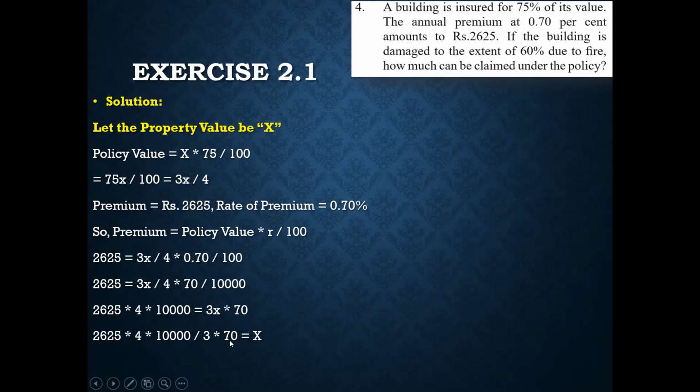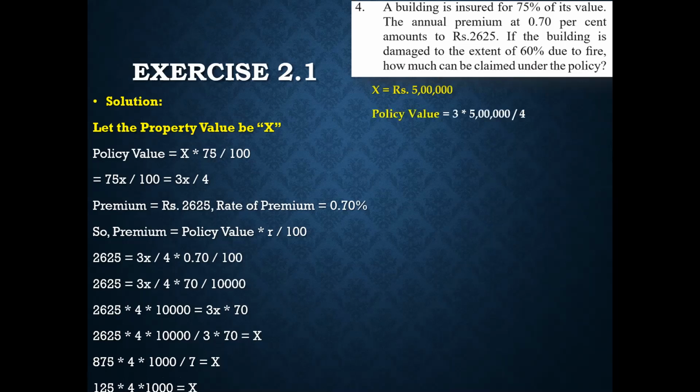So I've sent 3 into 70 this side and they have converted into division. So then I've cancelled. 3 ones are 3, 3 8s are 24... 875s are 2625. Other things remaining the same. Then by 7 I've cancelled 875, so it gives me 125 into 4 into 1000. So finally I get my property value X as 5 lakh rupees.